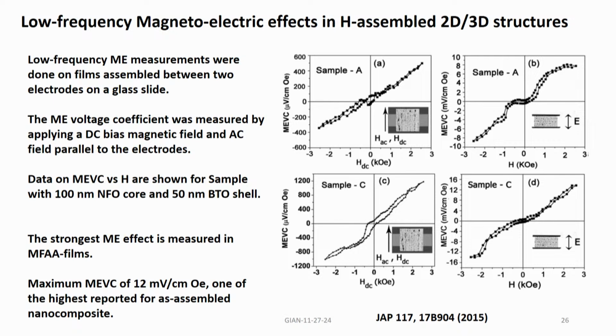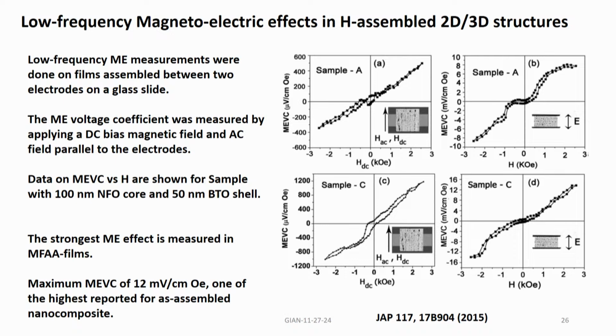It's reflected in the value of the voltage coefficient, which is in microvolt per centimeter Ørsted. In the 3D film, it is millivolts per centimeter Ørsted. It's still small compared to bulk materials, but it's a factor of 100 or 1000 better than the 2D film. And this one is also a 2D film, this is 3D.